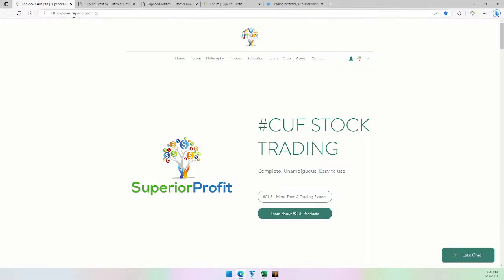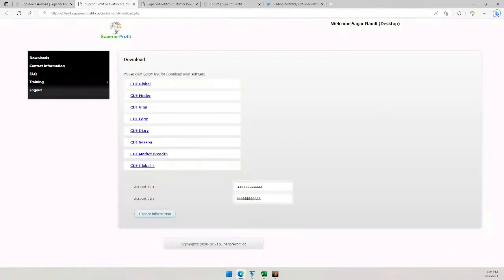On our homepage superiorprofit.co, if you go to subscribe and click on download, then you will go to your download page. If you are a Q Global subscriber, then you may download Q Global from here. And some of you also have the additional momentum signals. Earlier, that used to be called Q Global 2. Now it has been renamed as Q Global Plus.